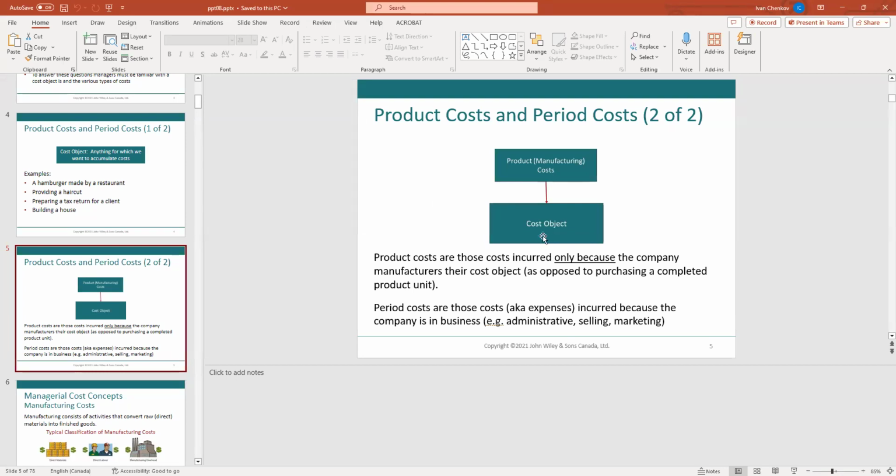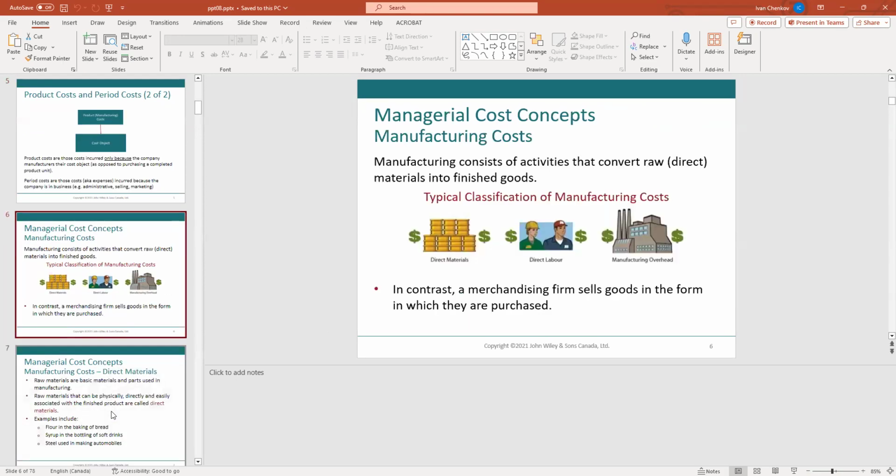Because the product drives the cost, we're going to try to find which costs are related to that product. Period costs are the expenses which happen during the period because we're running the business. That will be anything like administrative expenses, selling expenses, marketing expenses.